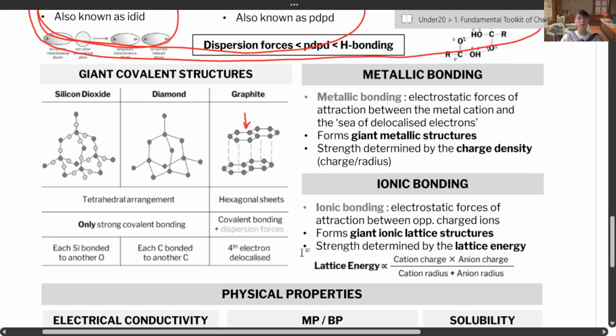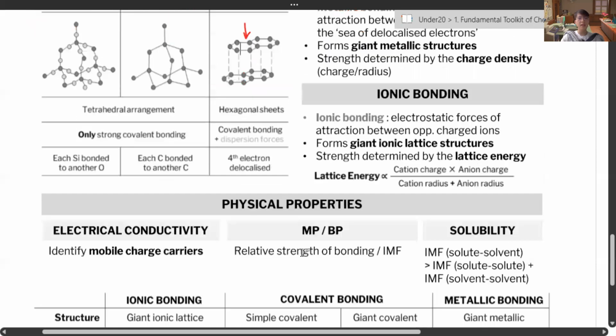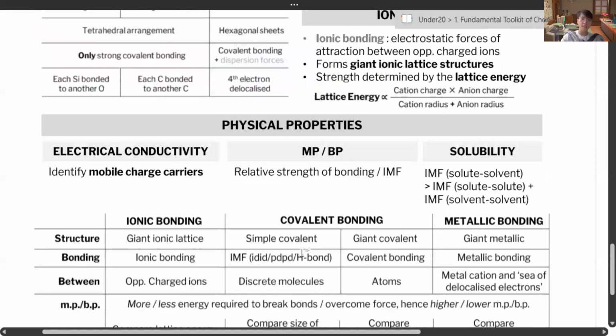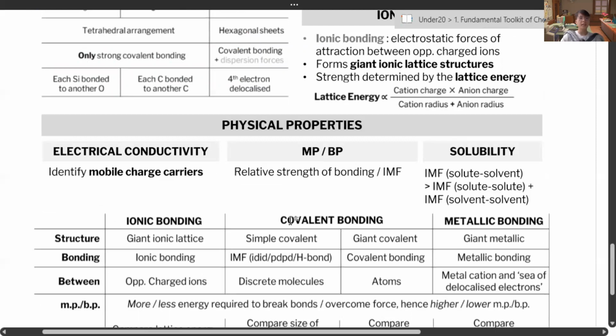So why we need to know all of this bonding is also so that we can predict physical properties. And the three main physical properties that you need to be able to answer are electrical conductivity, melting point and boiling point, as well as solubility. So in electrical conductivity, we always want to identify what the mobile charge carriers are.